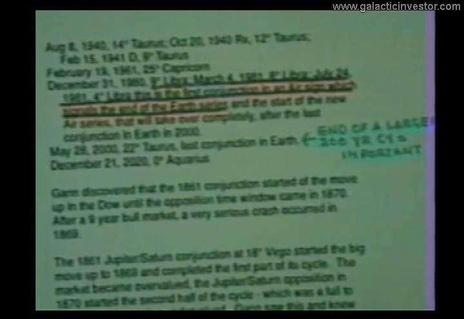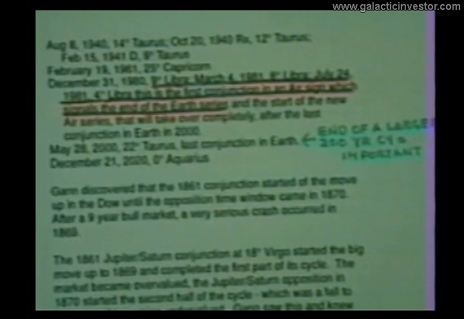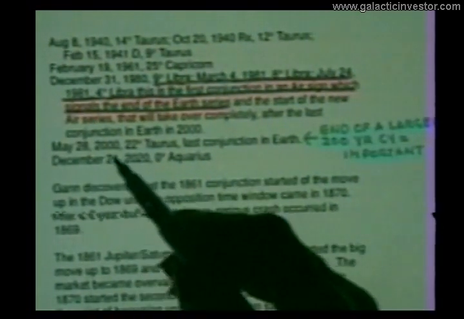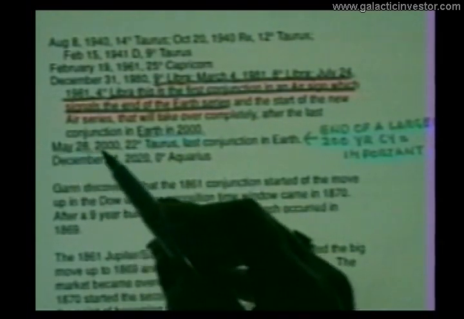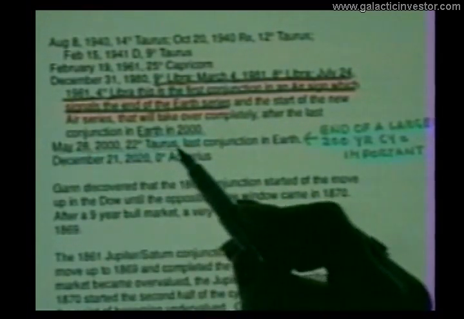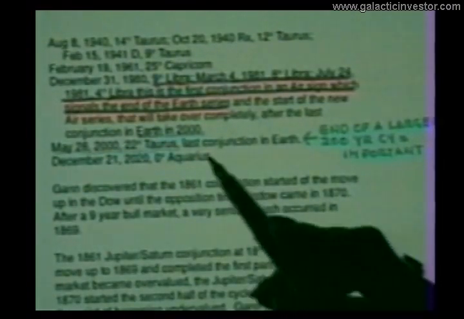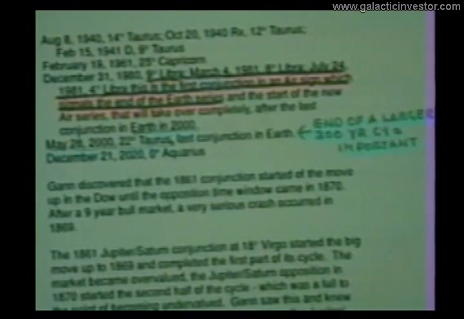Now this is important, and this is the reason why I'm going over it with you very carefully. We had this one falling in Libra, and then we'll have our final conjunction in Earth in May 2000, which will occur in the sign of Taurus, and following that, all of the conjunctions from that point on for approximately 200 years are going to be in air signs.